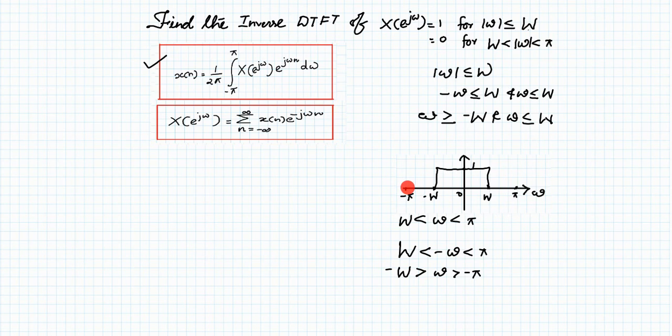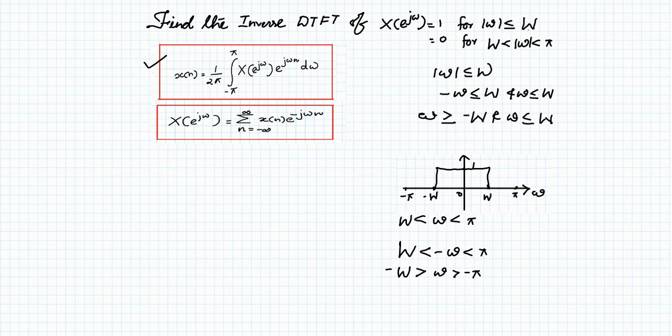From minus π to minus W it is 0, and also from W to π, in this region also the function magnitude is 0.